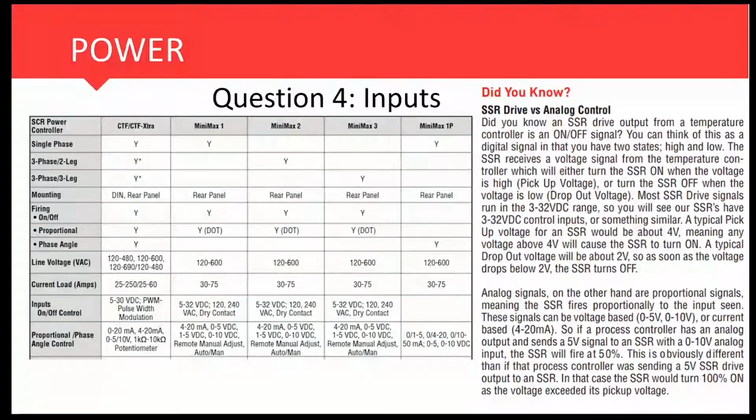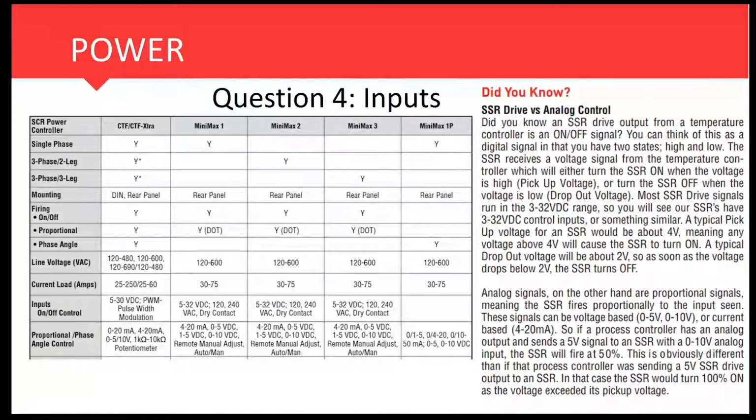SSR drive has the pickup and dropout voltages. So if you're talking to a customer, those numbers don't need to match up exactly. You'll see on a lot of our literature, we use 5 to 32 VDC, and that's just what we've set as a company standard on our literature.